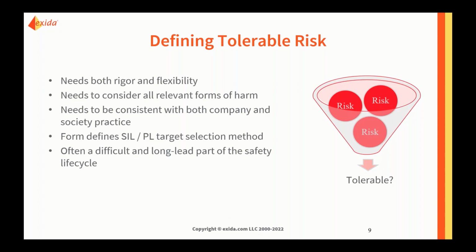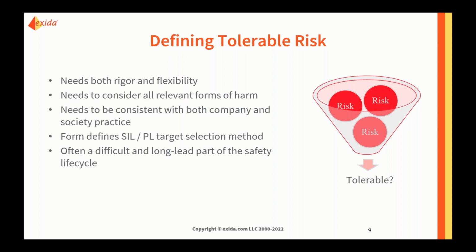And that tolerable risk concept is something that we're going to need to translate into a set of engineering designs for our safety-related system. Now, how we express that tolerable risk, the standards are completely open about it. The laws, as I said earlier, often require a demonstration that our risk has been reduced to as low as reasonably practicable.